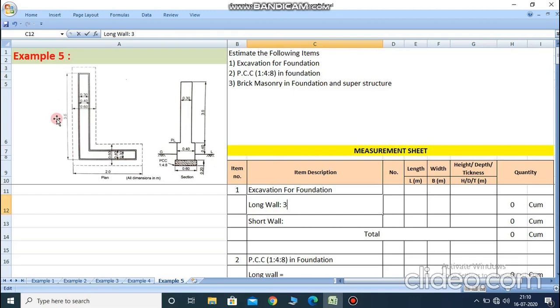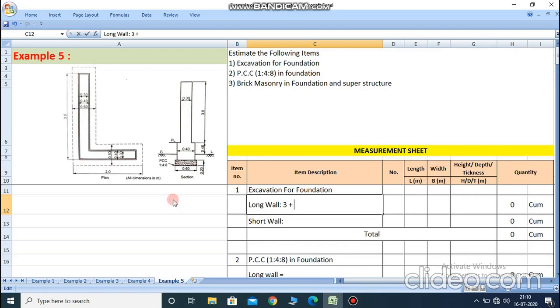So see this figure. In this figure, total length of the long wall is given as 3. So first we write 3 plus, here the difference between 0.6 and 0.4 is 0.2. So here 0.2 on both the sides. Clear? So on one side 0.1 meter. So from the dotted line to the border of the foundation is 0.1, and here from the dotted line to the border of the foundation is 0.1.